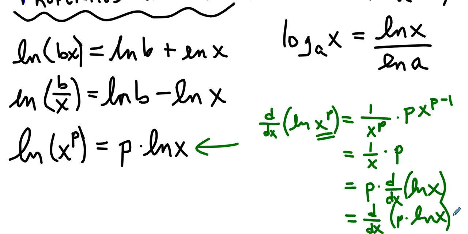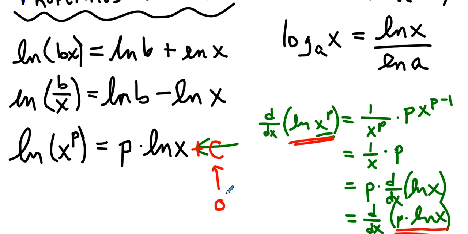So now what do we know? We know that the derivative of this thing is the same as the derivative of this thing, which means that these two things are either equal or they differ by a constant, and we can prove that that constant is in fact 0 just by substituting 1 for x.